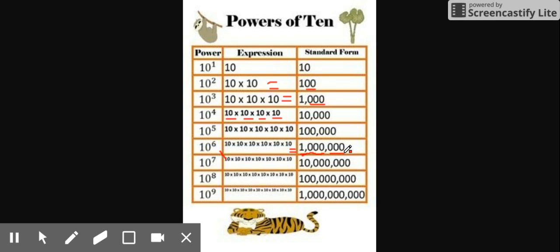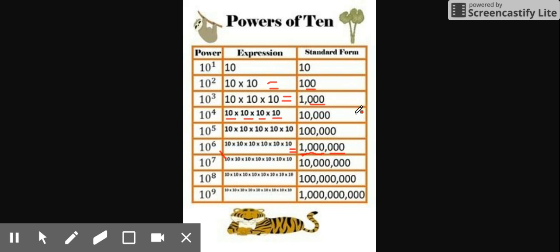Now I am writing numbers, so I do have to input my commas where they go. And remember, we always count in sets of threes, because our periods on the place value charts are separated by commas in sets of threes. So I count 1, 2, 3, comma, 1, 2, 3, comma. So 10 to the sixth power equals 1 million.